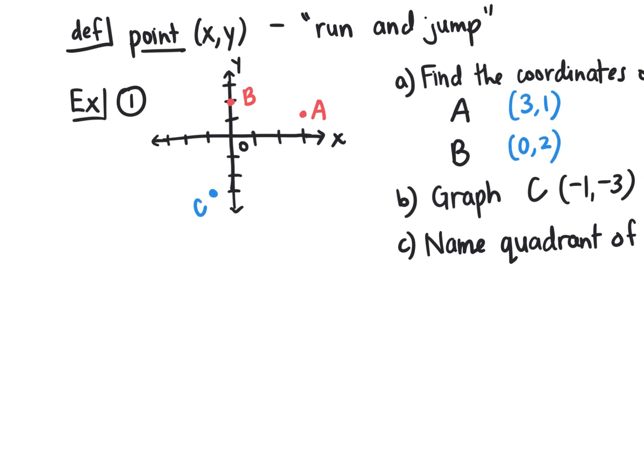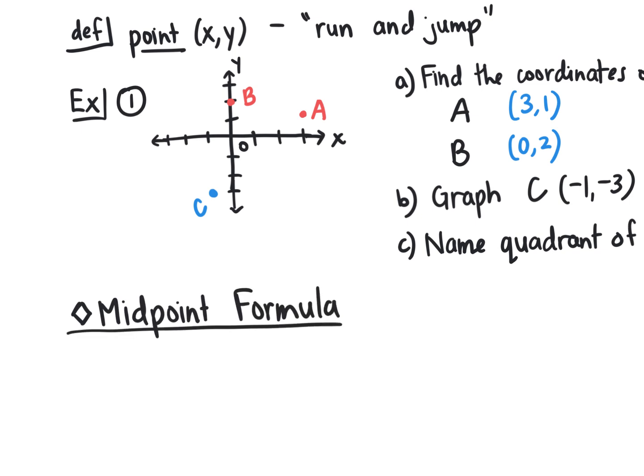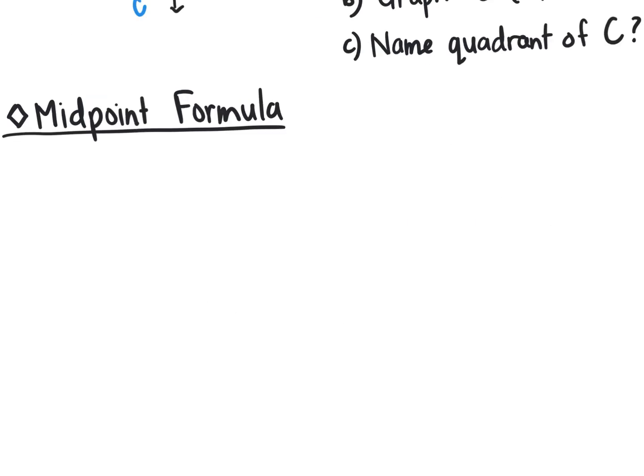Diamond, go back to your left. Midpoint formula. The midpoint formula is used to find the middle of 2 points. So if I pick any random 2 points on a graph, the midpoint formula will tell you exactly where the middle is. So this is the middle between, I'm going to write B/T for between, 2 points.